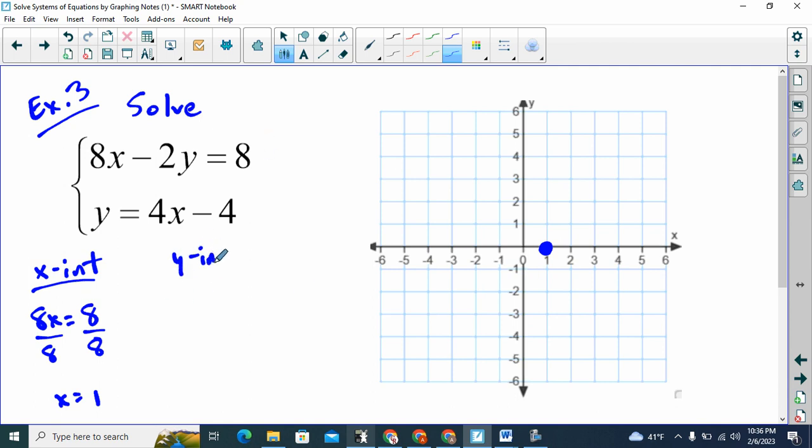I'm finding my y-intercept. If I put in 0 for x, I get -2y equals 8. Divide both sides by -2, and I get y equals -4.